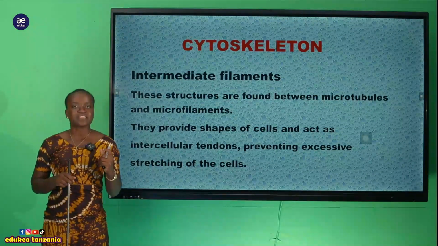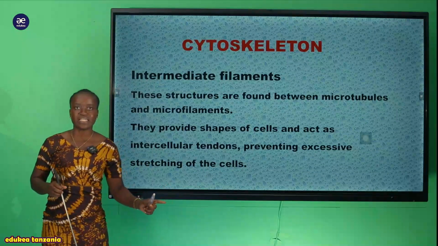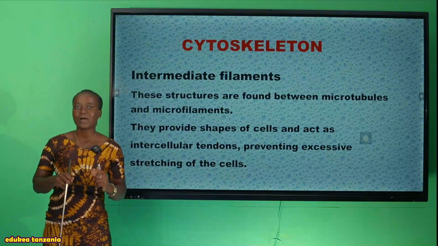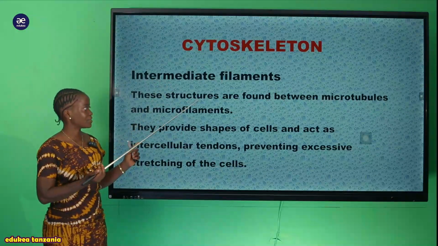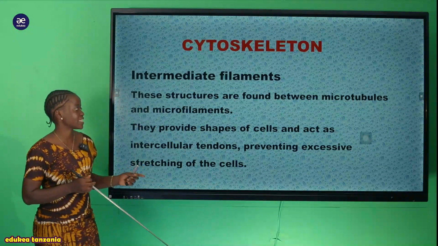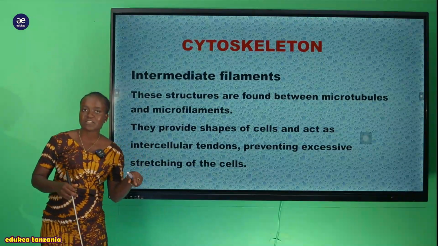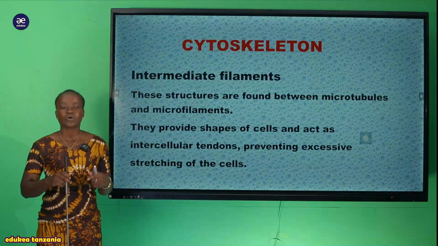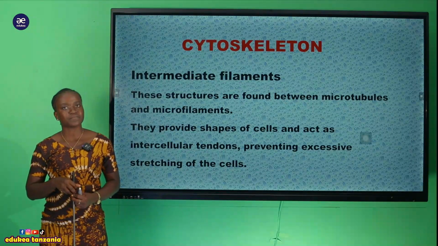These fibers are there in order to prevent excessive stretching of a cell, ili isiweze sasa kupata madhara yoyote. So this intermediate filament ndio ambayo sasa they act as intercellular tendons in order to prevent excessive stretching of a cell, if it occurs within the body of a living organism.